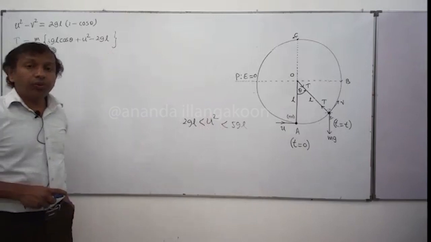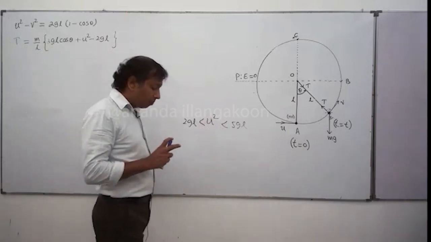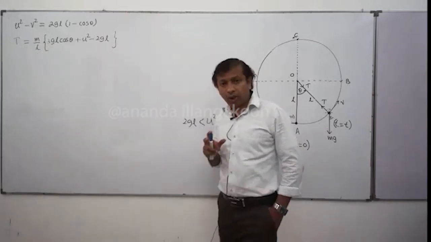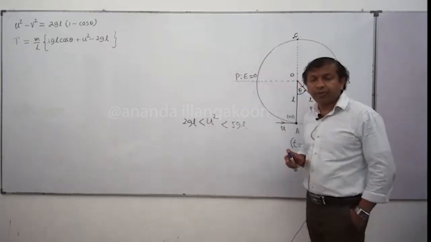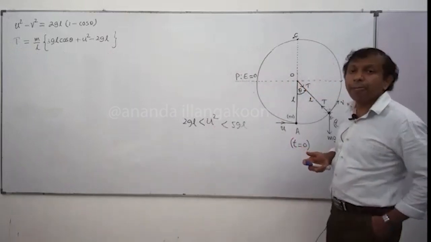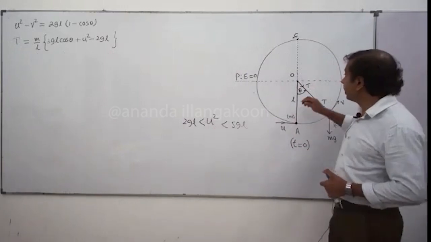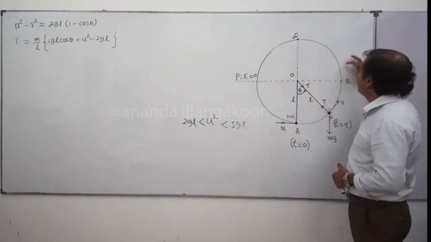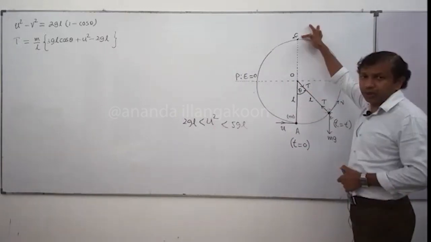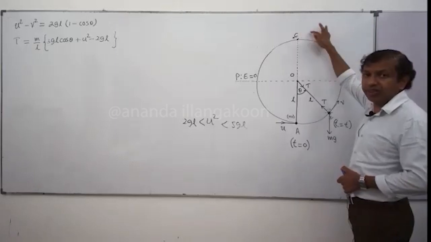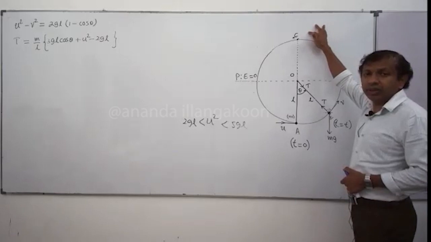Well, if this particle leaves the circle, that can happen, we said, in between B and C. At a point on the circle between B and C, the particle leaves the circle.